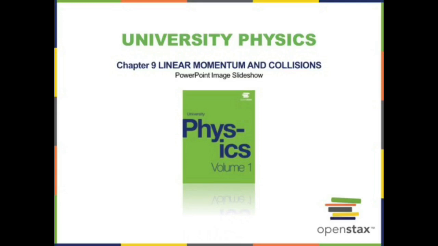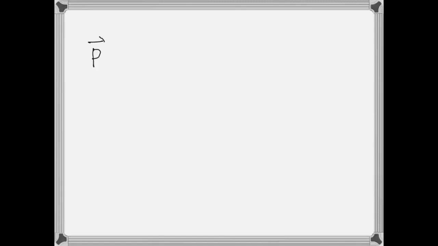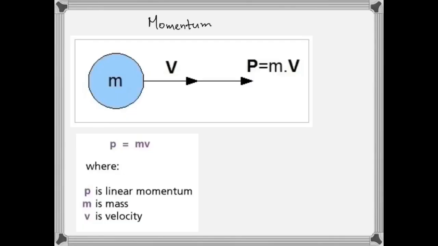And haven't we defined linear momentum before? I think we have. It's simply the product of mass and velocity. Linear momentum is the product of mass and velocity. That is what it is. It's represented by the letter P, as you can see on the screen.